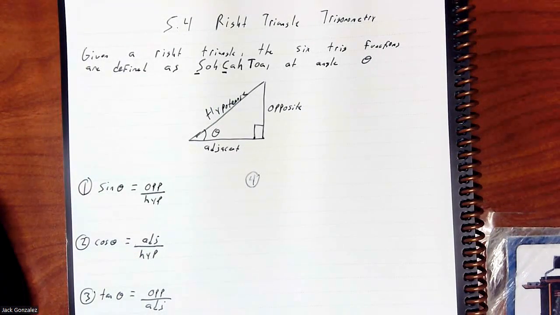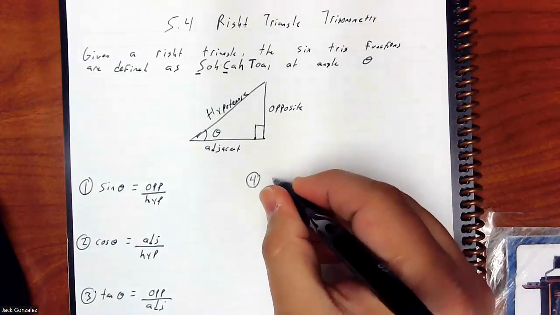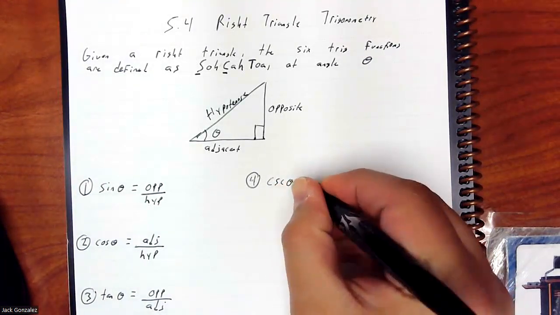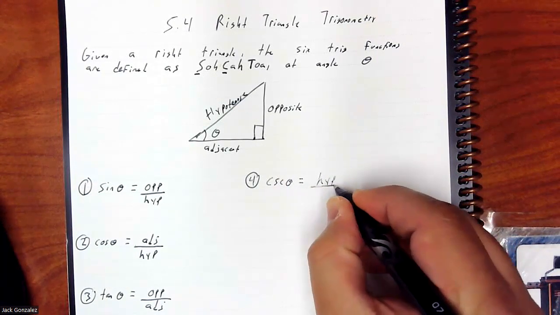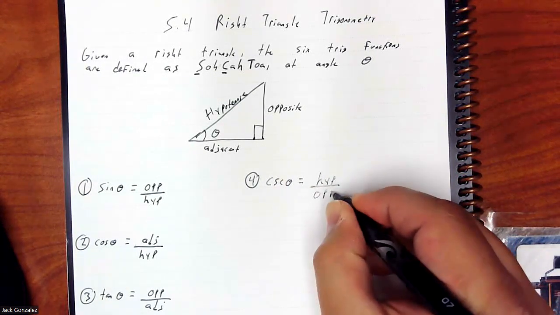4, 5, 6 will be the reciprocals. What is the reciprocal of sine? Reciprocal. Yeah. You flip it over. You remember? It's either cosecant or secant. I believe, yeah, you're right. Cosecant theta is hypotenuse over opposite.